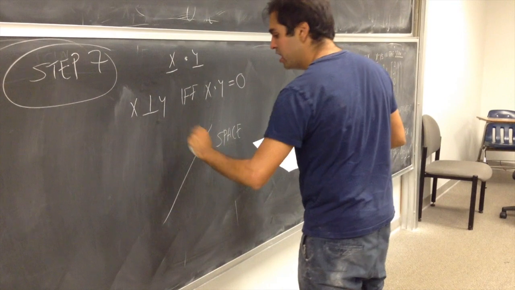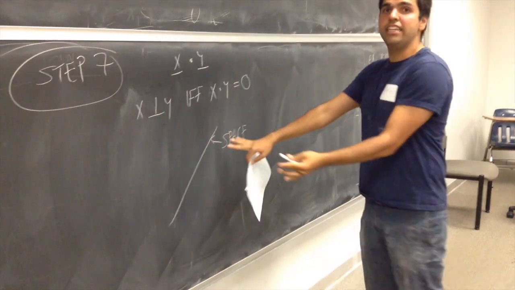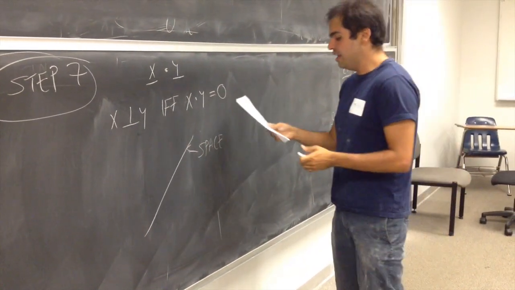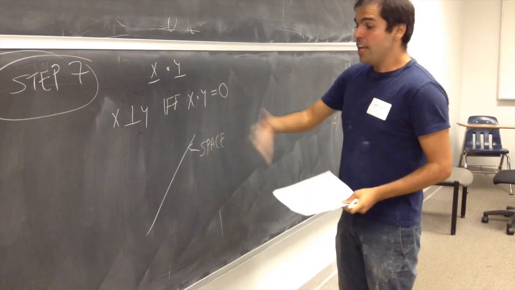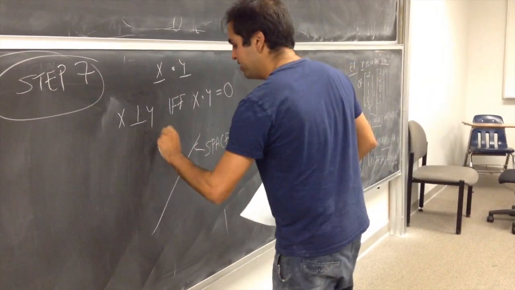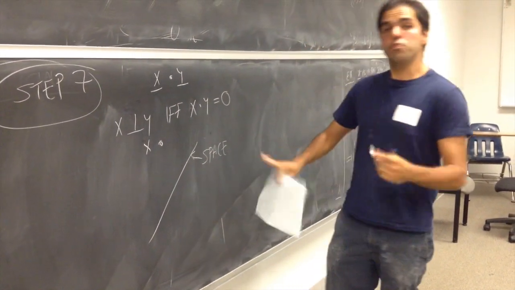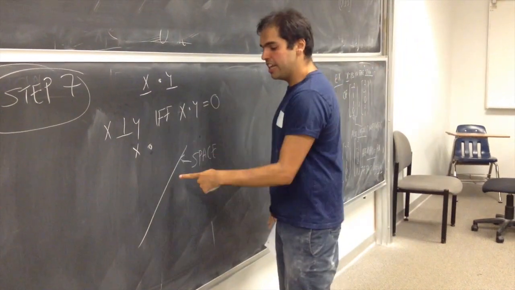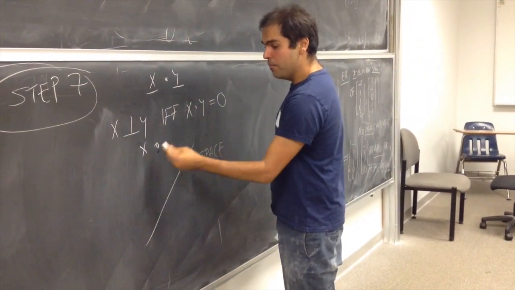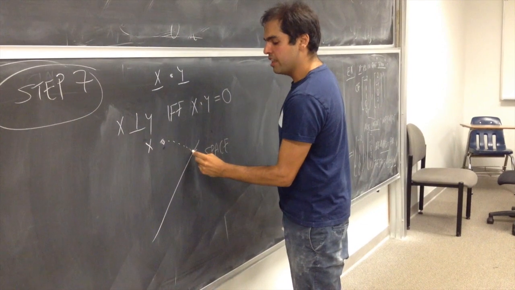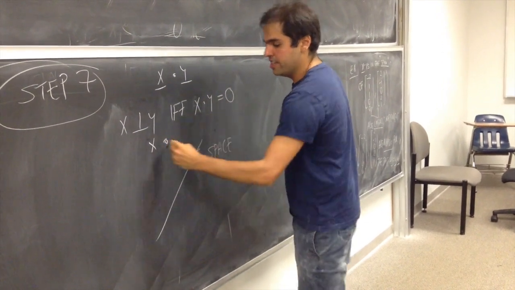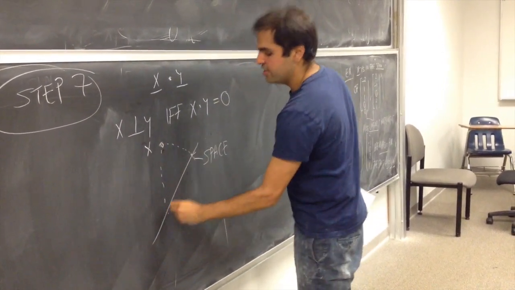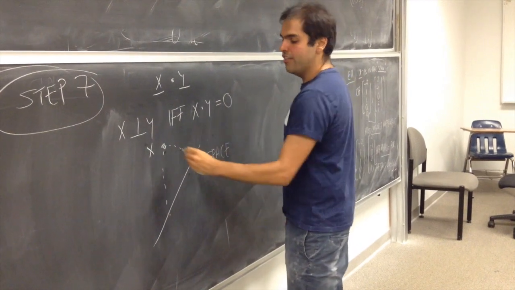Namely, suppose you have some space that you really like, and I'll give an example later, and you have a vector not in that space. It is possible to squish that vector onto that space, but notice there are many ways of doing this. You can squish it this way, you can squish it this way, but those are not efficient.